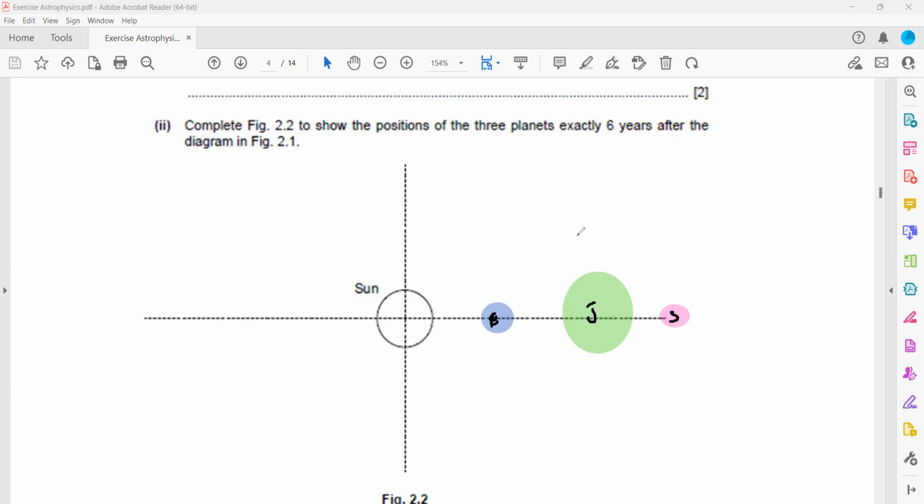Now for Earth, 1 year is the duration of its orbit, because it is an Earth year. So in 1 year, the Earth will return back to its same position. After 2 years, Earth will be here.